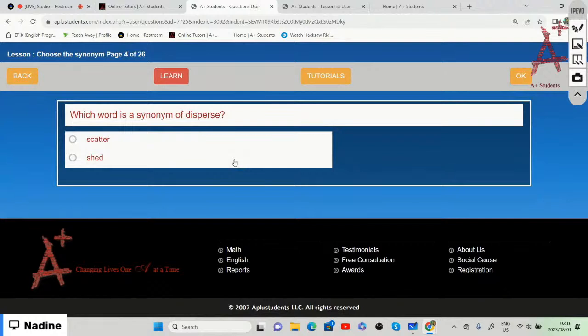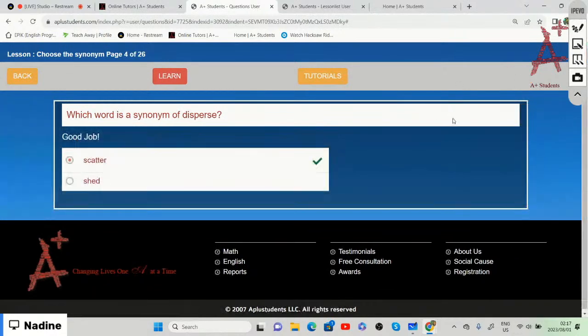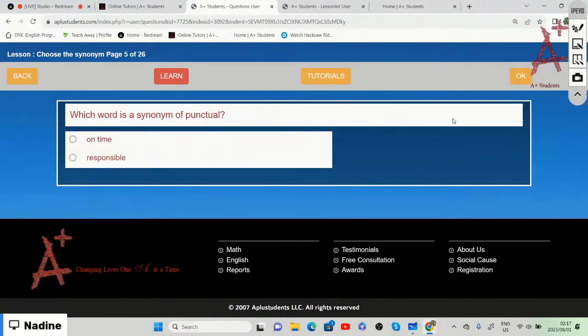Scatter. All right, so for the meaning of the word disperse, we can basically say, let's use the word to scatter, right?